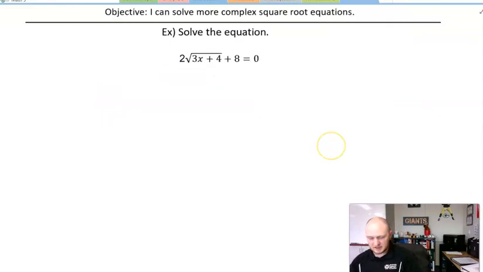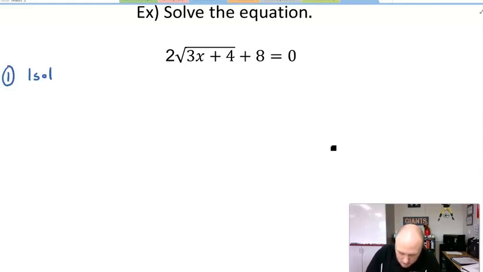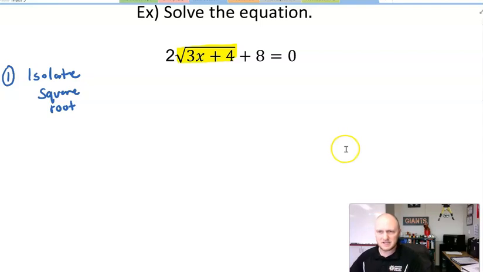Here's our first example. Please go ahead and write this one down. We want to solve the equation. Again, step number 1 is to isolate the radical. So I want to isolate the square root here, and I like to highlight it, or I have my students put a box around it, just so I know this has to be by itself before I take a square root.